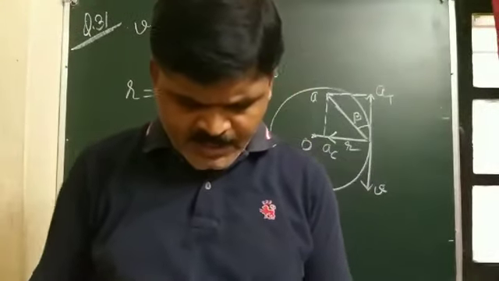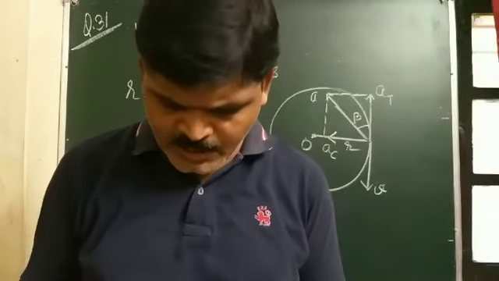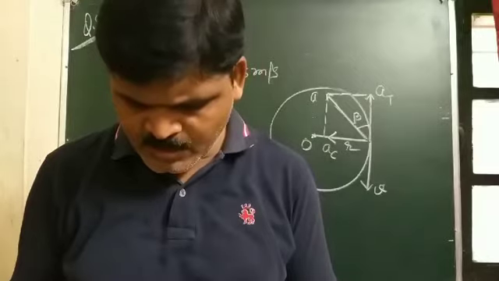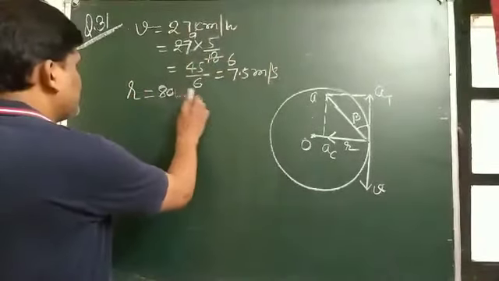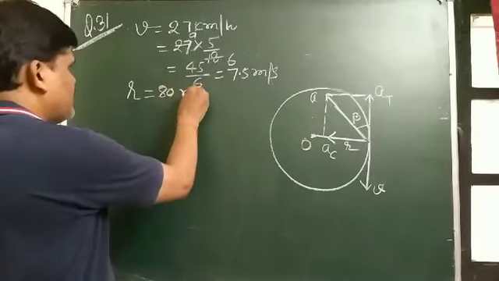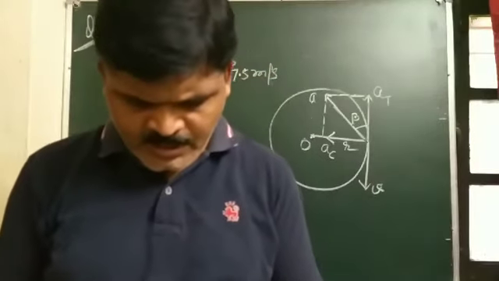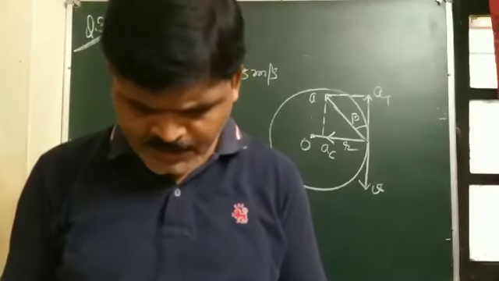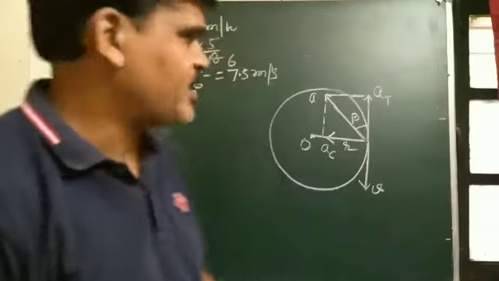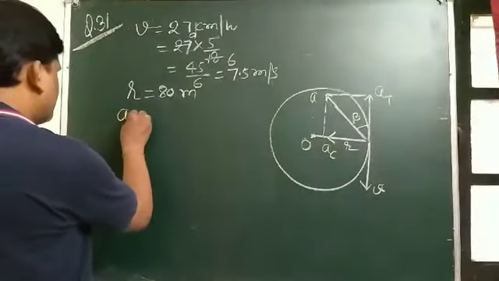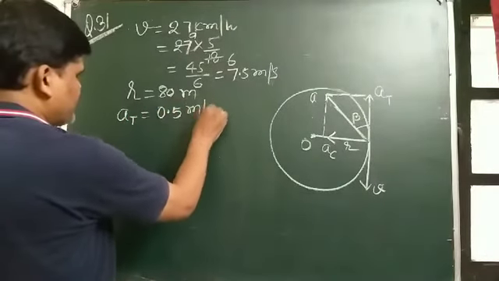As he approaches a circular turn on the road of radius 80 meter, not 80 centimeter, 80 meter, he applies brakes and reduces his speed at a constant rate of 0.5 meter per second square.